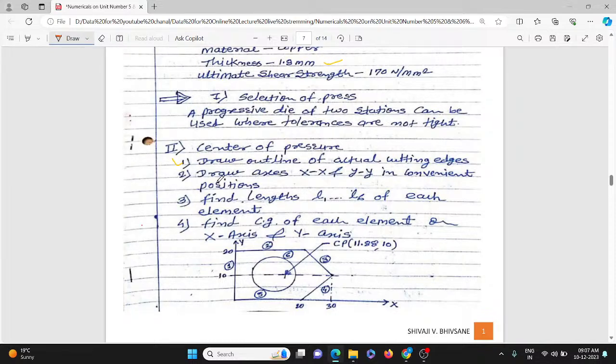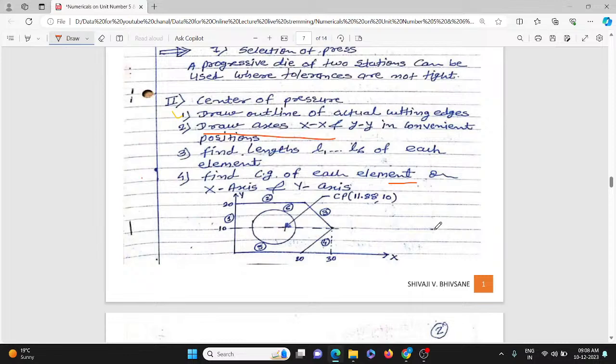Then draw the axes xx and yy in a convenient position. Then find the lengths L1 to L6 of each element. Then find the CG of each element on the x axis and y axis.